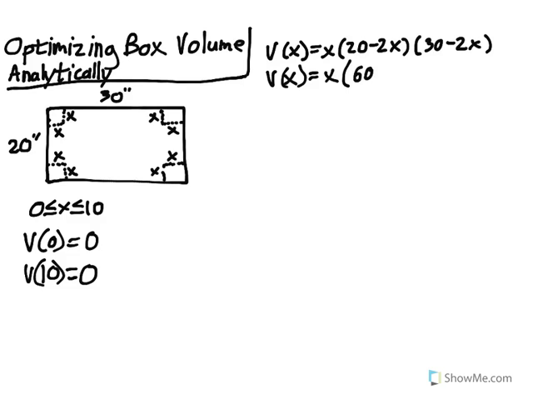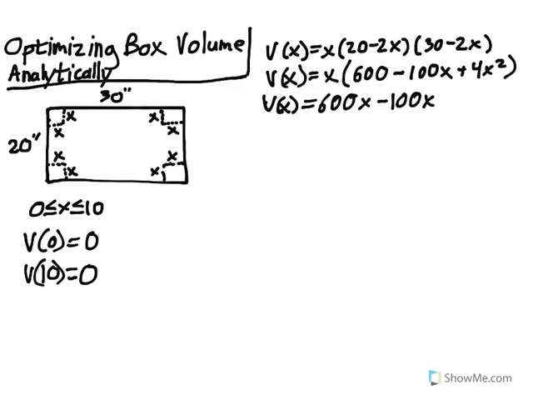So this is going to be 600 minus 100x plus 4x squared, and then multiplying through by x, that gives us a V of x equal to 600x minus 100x squared plus 4x cubed.